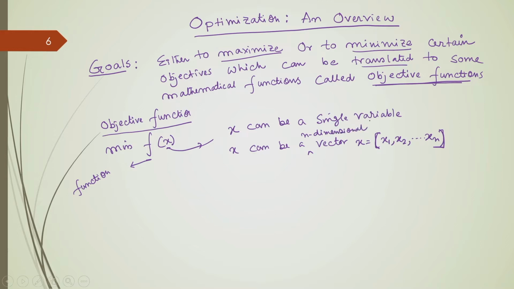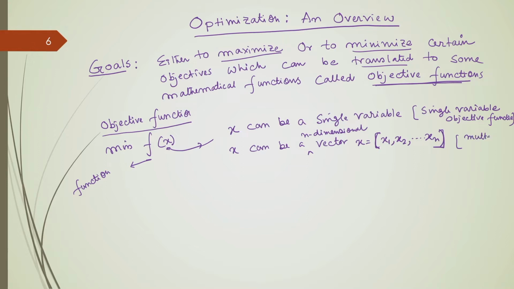Okay. So, if x is a single variable, it is called a single variable objective function. And if it is multi-dimensional, then it is called a multivariable objective function.